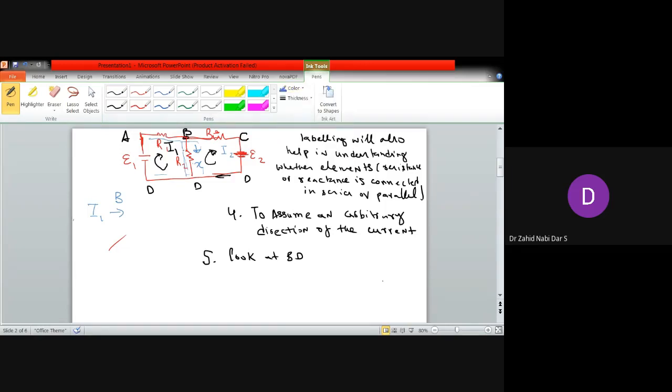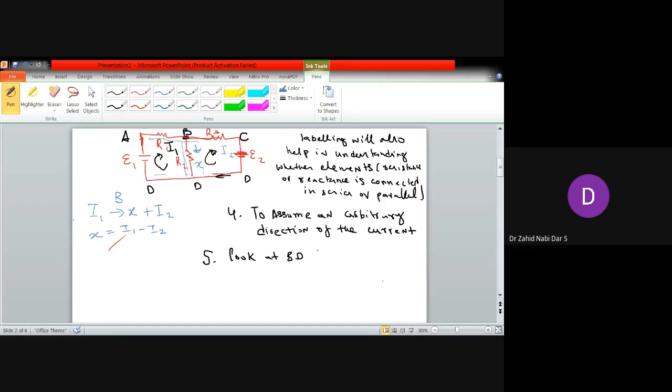Look at BD. At BD, you're seeing this X value over here. So basically this I1 would be equal to X plus I2. So this X is equal to I1 minus I2.